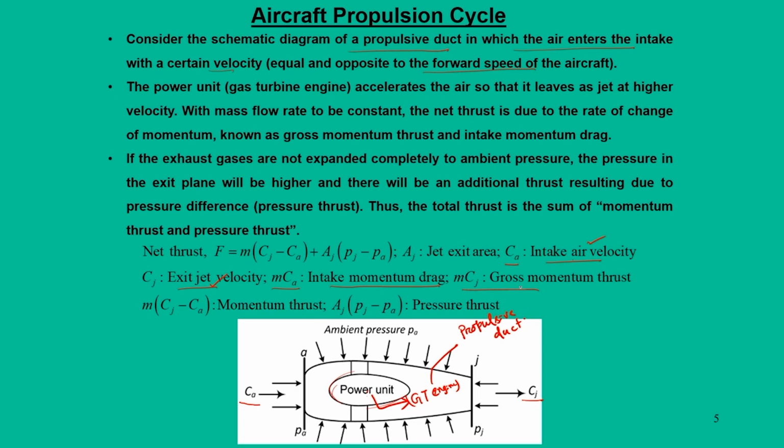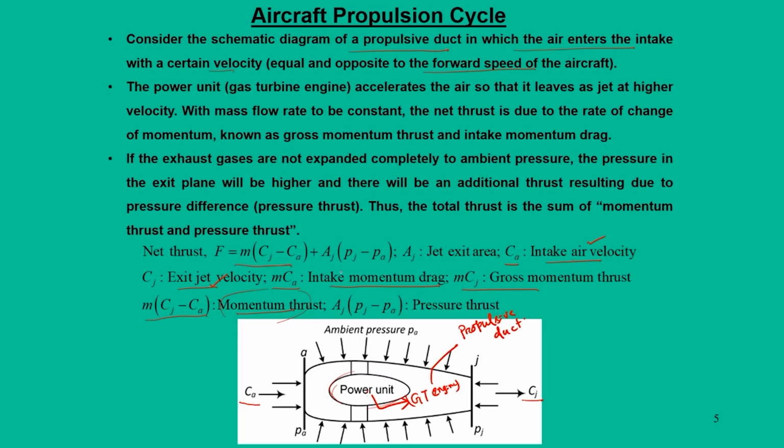Then m dot Cj is the gross momentum thrust, that is, the jet that gives the thrust when it comes out. So, the resultant thrust becomes m times (Cj minus Ca), which we call the momentum thrust. So, the net thrust now becomes the momentum thrust.